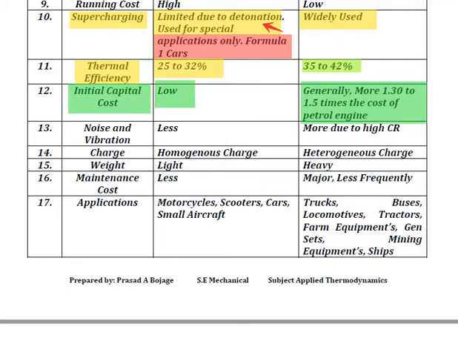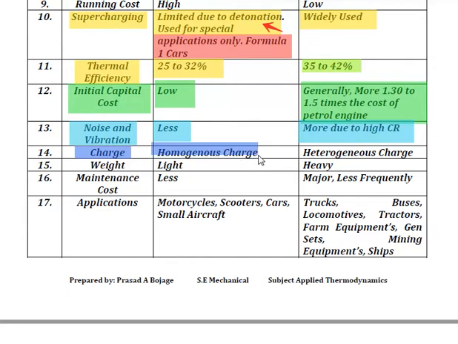Next point of comparison, noise and vibration. Petrol engines are compact and produce less noise and vibrations, whereas due to higher compression ratio, diesel engines produce higher noise and vibrations. Next, speaking about the charge, the air fuel mixture which goes in the cylinder. In a petrol engine the charge is a homogeneous charge.